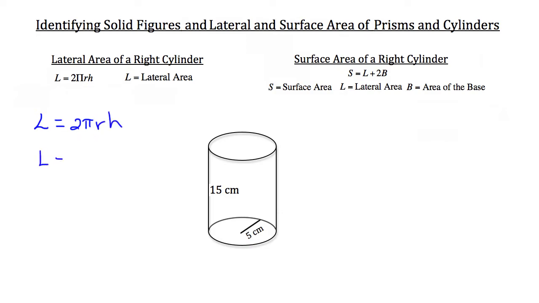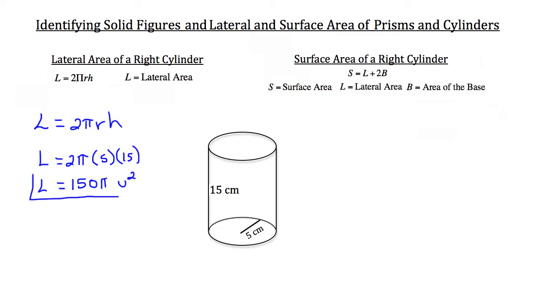So, in our case, we've got our 2 pi, we've got a radius of 5, and we've got a height of 15 centimeters. So, we can do 2 times 5 is 10, and 10 times 15 is 150. So we have a lateral area of 150 pi units squared.